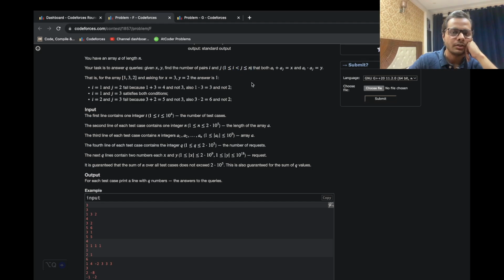Okay, so we need the number of unordered pairs such that their sum is equal to x and the product is equal to y. Both x and y are pretty big, so that would definitely pose some problems for us.